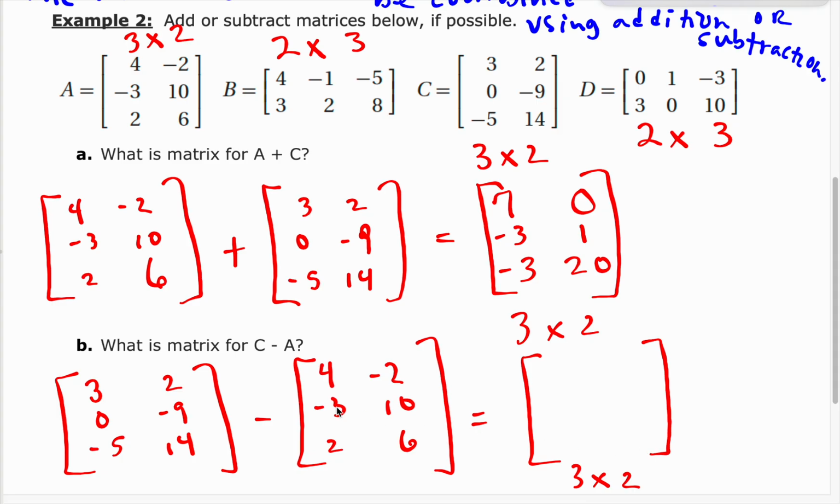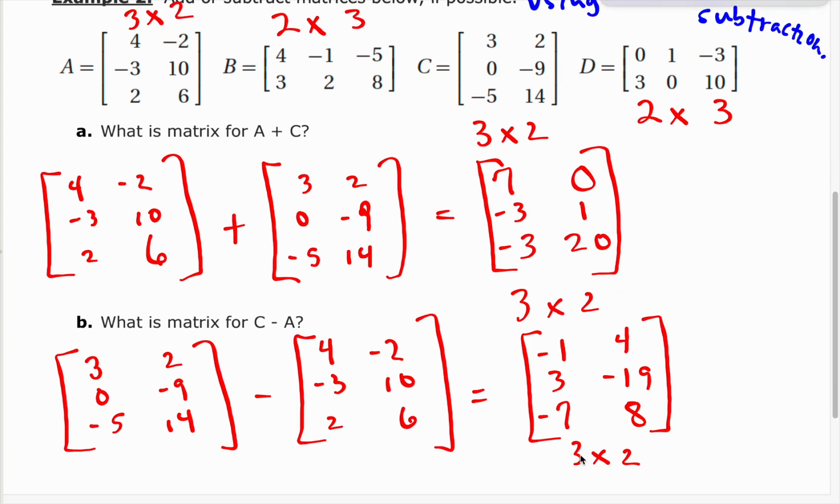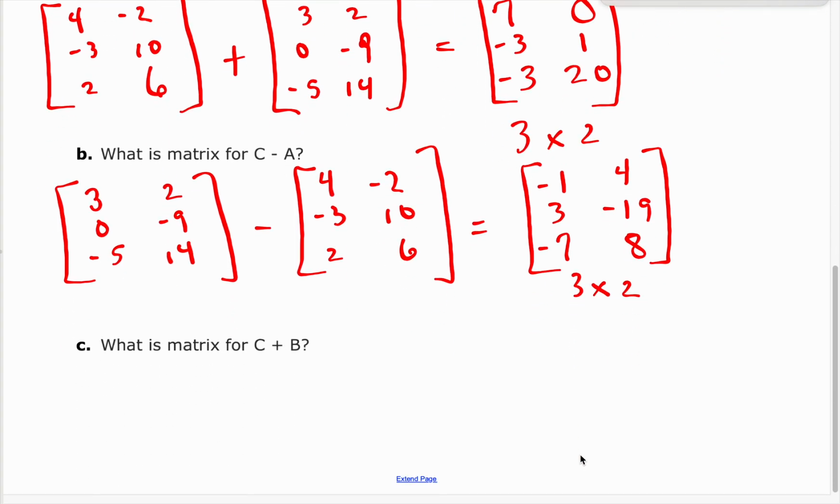Okay, here we go. 3 minus 4 is a negative 1. 2 minus a negative 2 is 4. 0 minus a negative 3. Negative 9 minus 10 is a negative 19. Negative 5 minus 2 is a negative 7. And 14 minus 6 is 8. That is our resulting matrix after we subtracted.